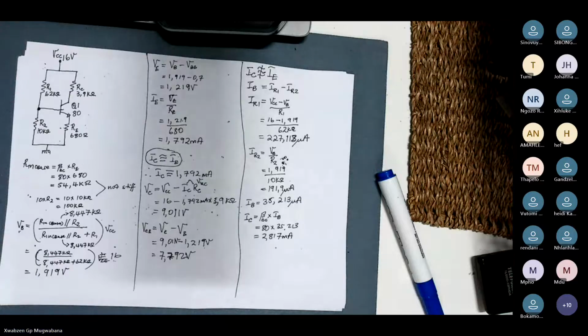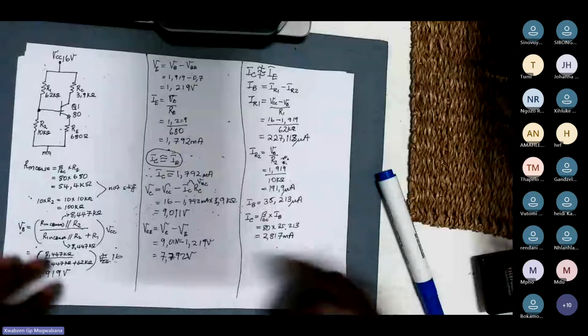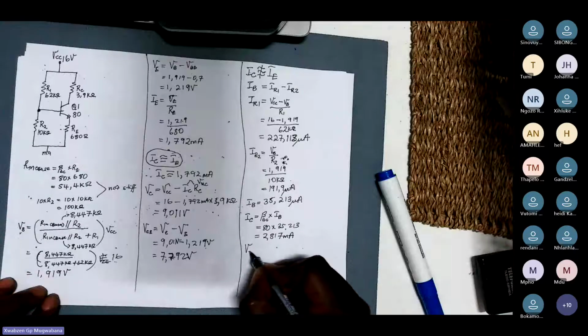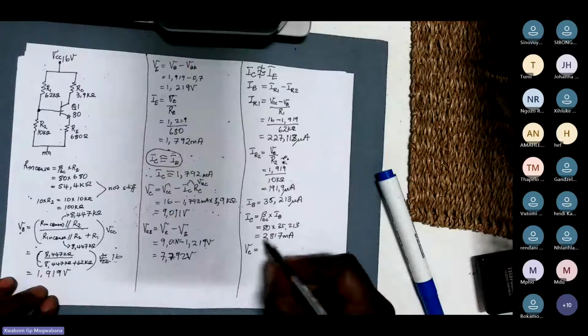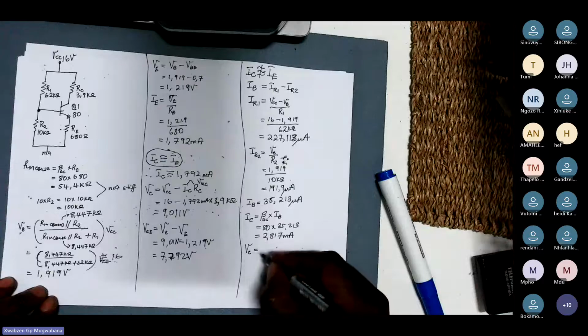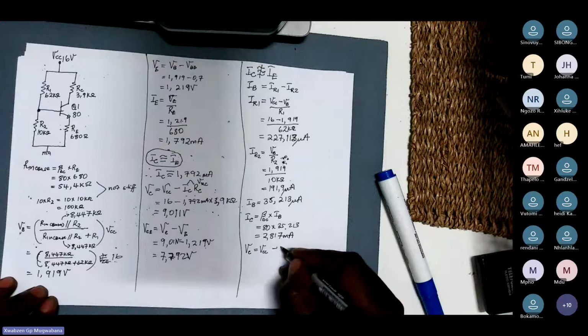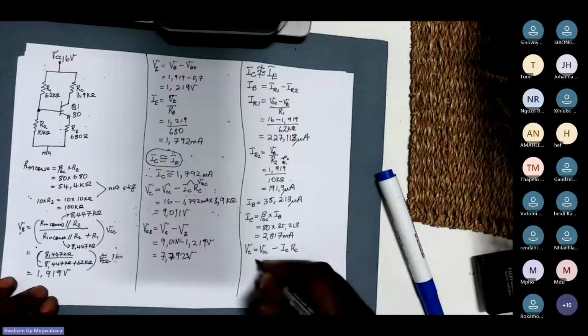Once we find IC, then we can find what is VC. Your VC will be your VCC minus your IC RC.